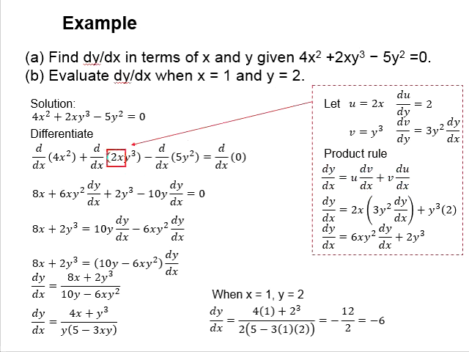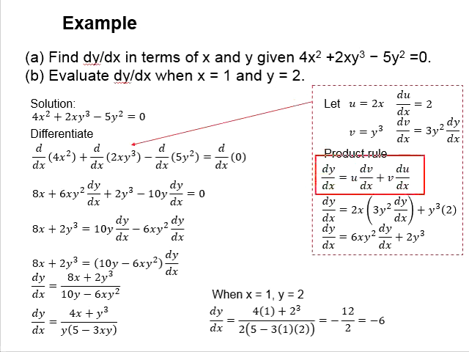Let u equal 2x and y to the power of 3 as the v. Differentiate the u and v as functions of x. You will get these two equations. Differentiating the y function, you need to incorporate dy/dx.